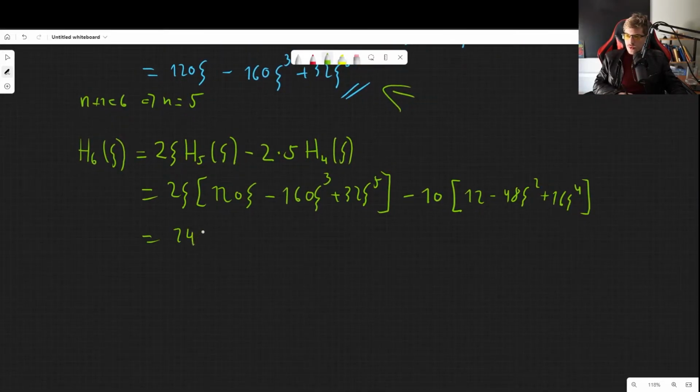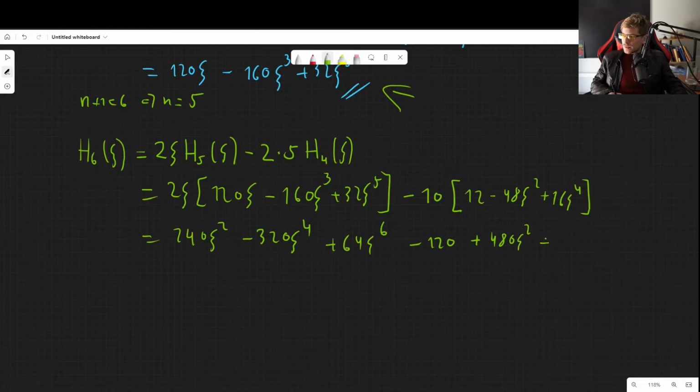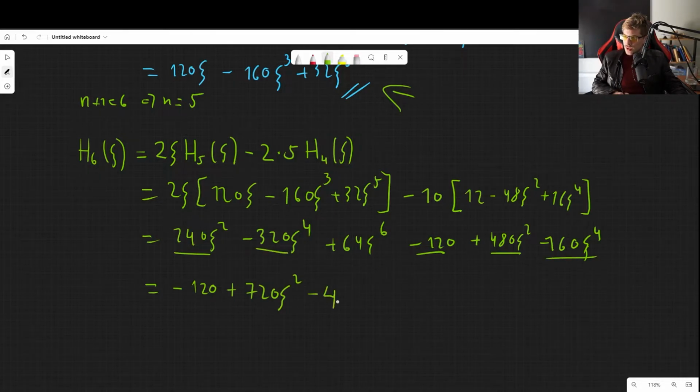So we get 240 psi squared minus 320 psi to the 4th power plus 64 psi to the 6th power, minus 120 plus 480 psi squared, and then minus 160 psi to the 4th power. So let's put all the powers of psi together. So 0th power, we have minus 120. Then squared, we have 240 plus 480, which is 720. Then to the 4th power, we have minus 480.